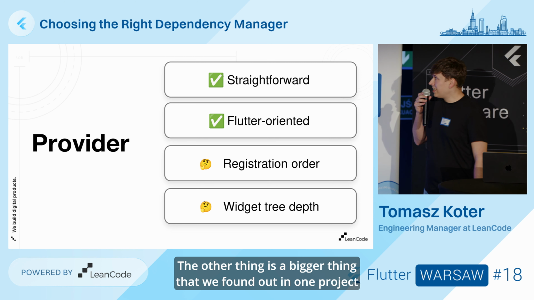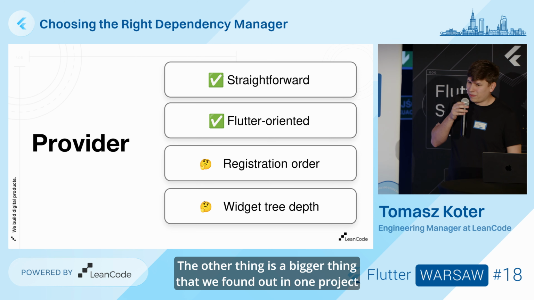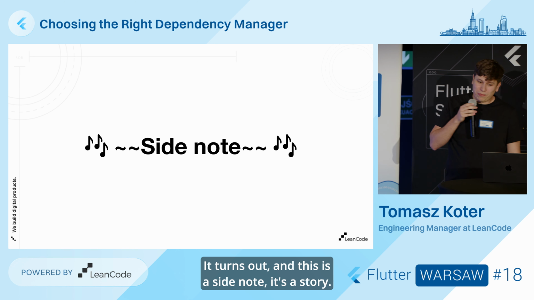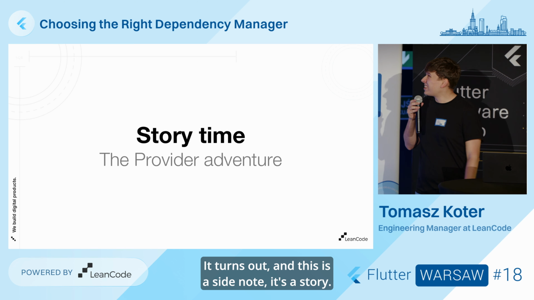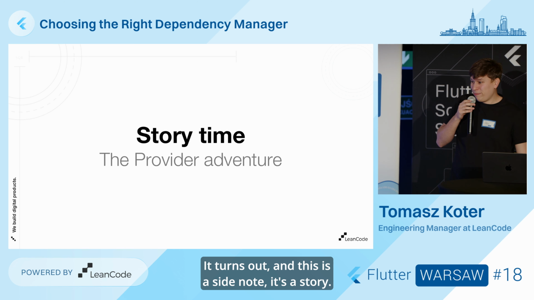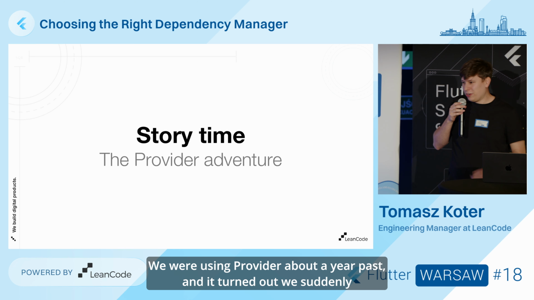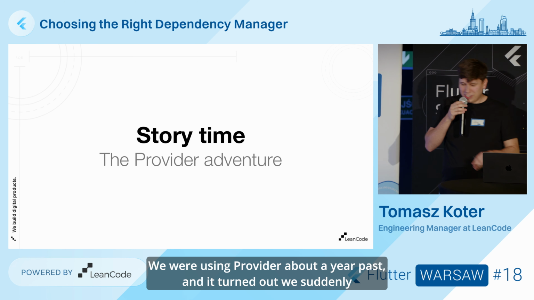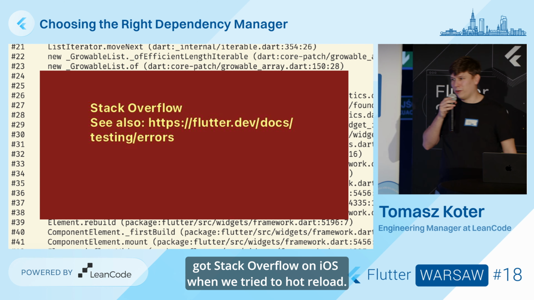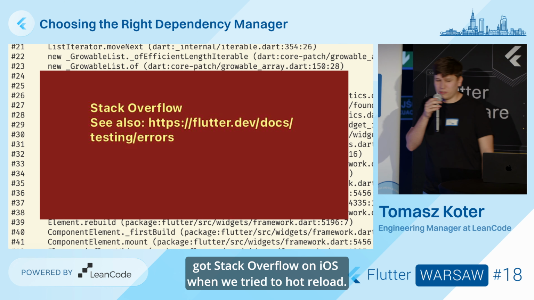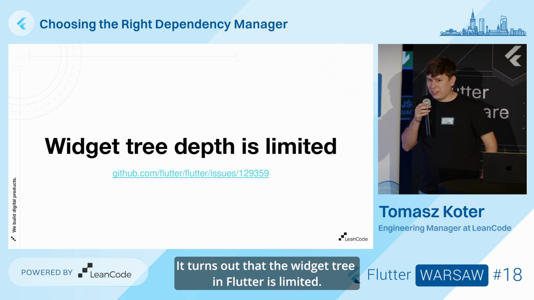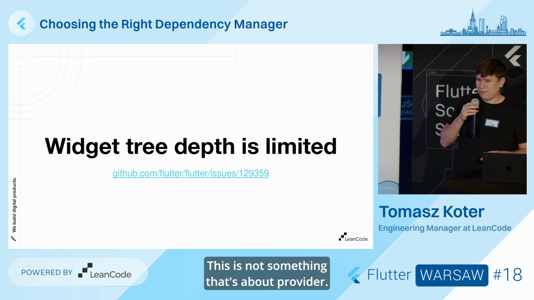And the other thing is a bigger thing that we found out in one project after a year of development. This is a side note, it's a story. We were using Provider, about a year passed, and it turns out we suddenly got a Stack Overflow on iOS when we tried to hot reload. It turns out that widget tree depth in Flutter is limited. This is not something that's about Provider.